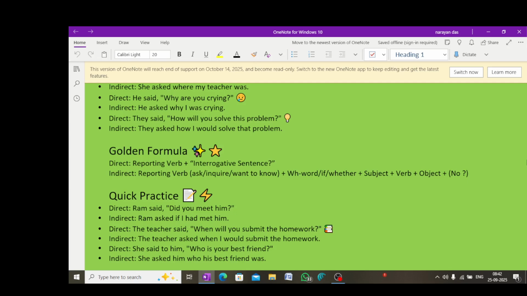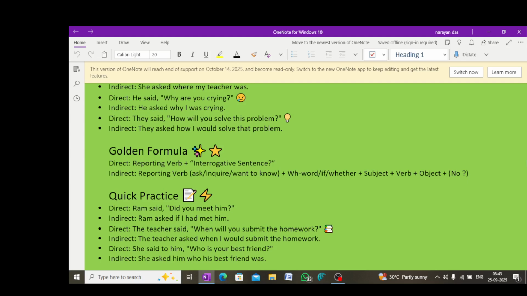Now in the indirect: reporting verb, which is ask, inquire, want to know, plus the WH word with which the direct speech question is asked, then whether or if, then subject, verb, object, plus no question mark, only a full stop. So keep this formula or structure in mind, you will make no mistake.